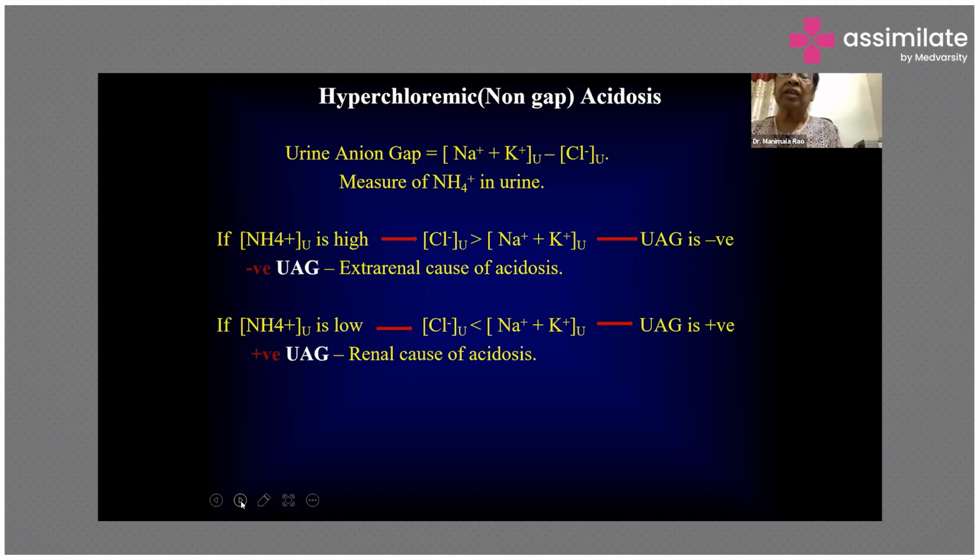This also occurs if you went on giving somebody only normal saline, then it can cause this hyperchloremic acidosis. Sometimes it can cause it in other areas also. So if you have your urinary anion gap, what I was telling you, if it is negative, then it is usually extrarenal causes of acidosis. And if it is positive, then there is a renal cause of acidosis. So these are the usual things which you try to analyze. Okay, next.